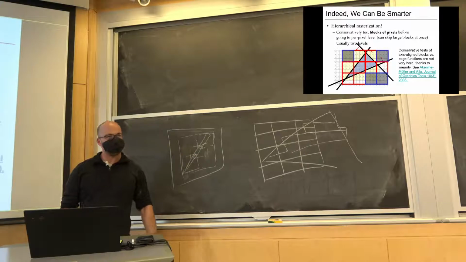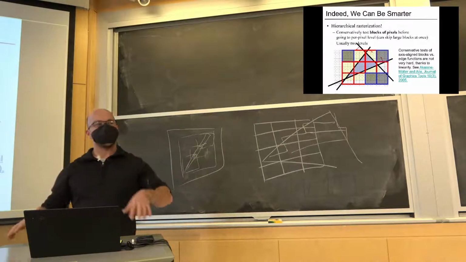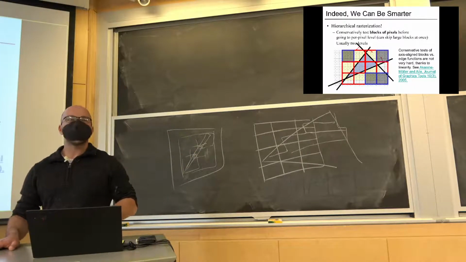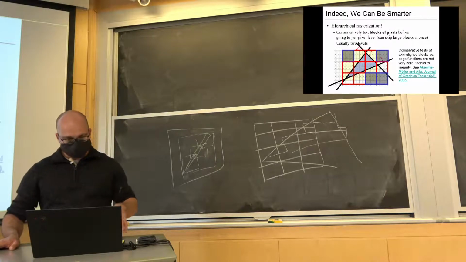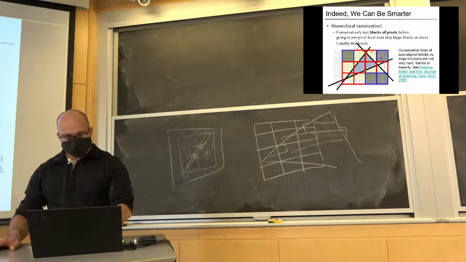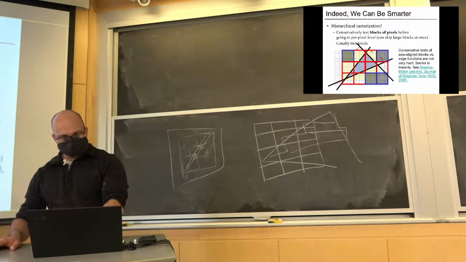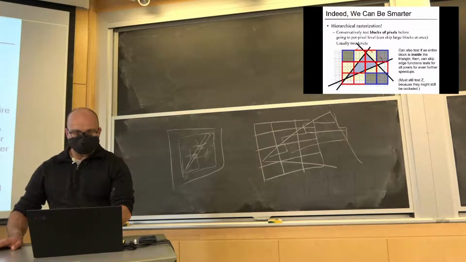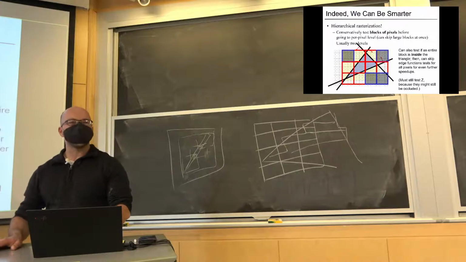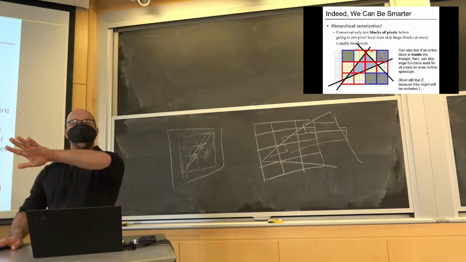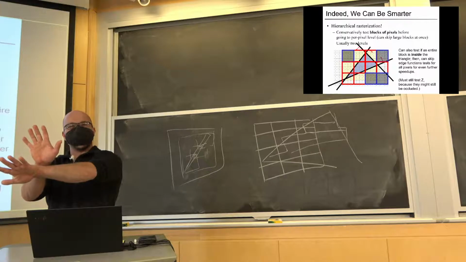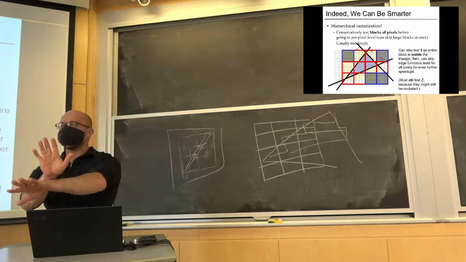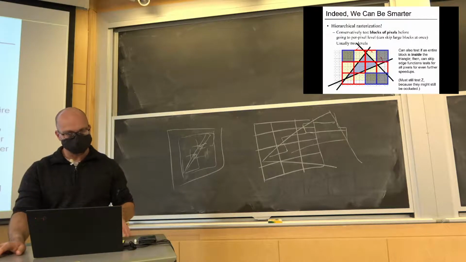It's sort of like taking big blocks of my image, testing them for intersection, and just like when we talked about BVH, being conservative about rejecting fragments. Notice that, by the way, if you're really sneaky, you could also bound the depth of that fragment. And if the entire fragment is behind everything inside of it, then you also don't have to draw it. So there are some additional tricks that you can do.